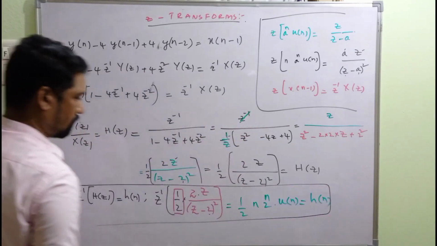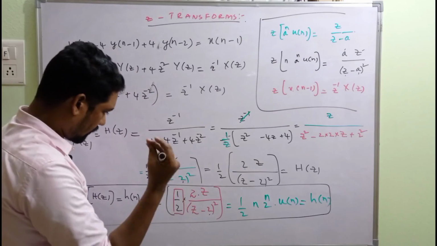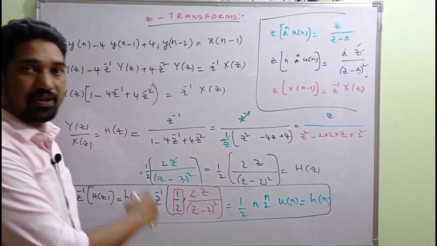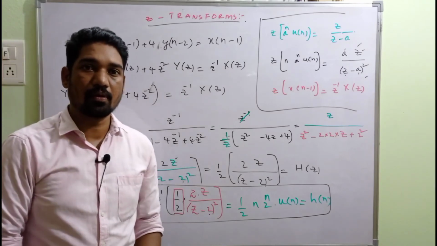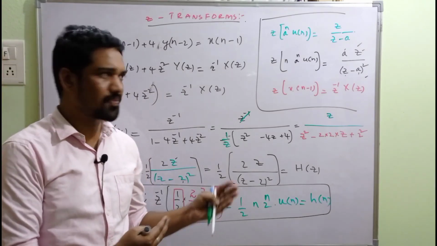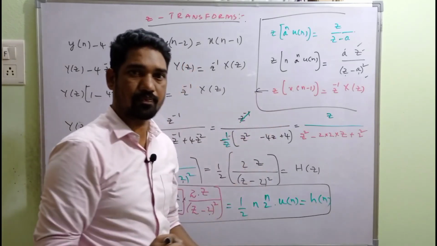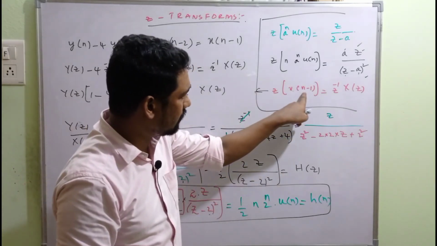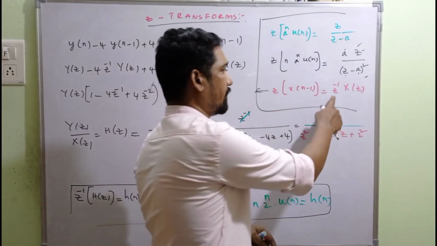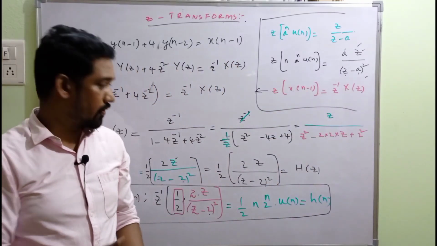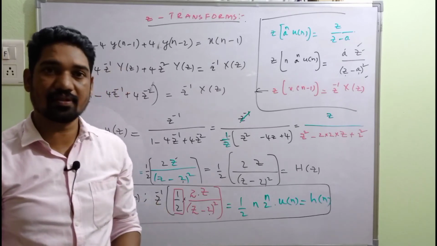I could do this straight away because we have already done this one. So we can make use of some standard deductions, it comes under the shifting property. Shift in time domain results in the multiplication by the inverse of z. So hope you understand this analysis.